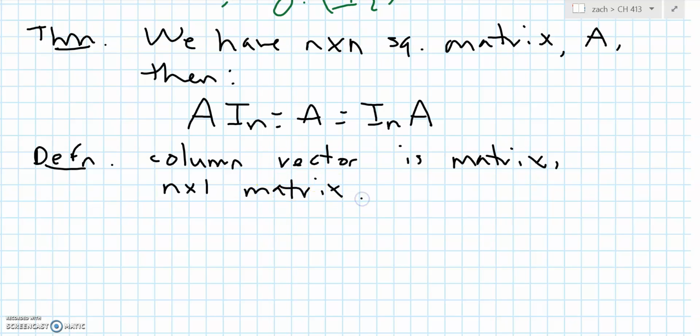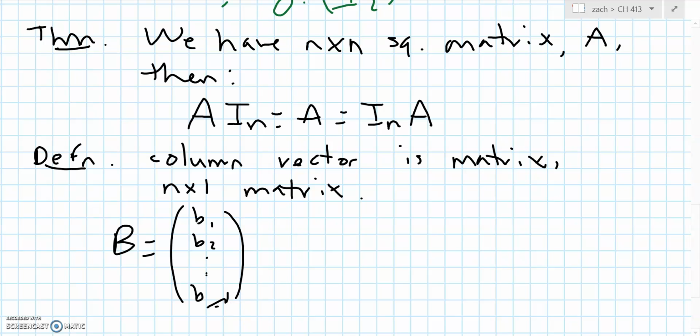If we considered a matrix B, this is going to be B1, B2, all the way down to Bn. Column vectors are pretty important in the world of quantum mechanics, so definitely get familiar with using them.